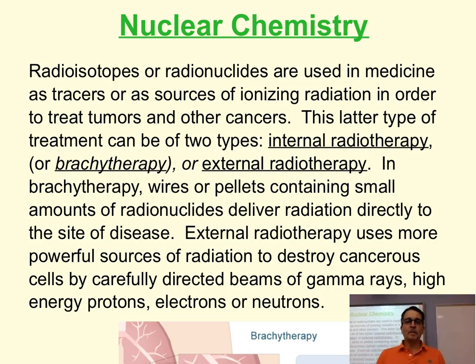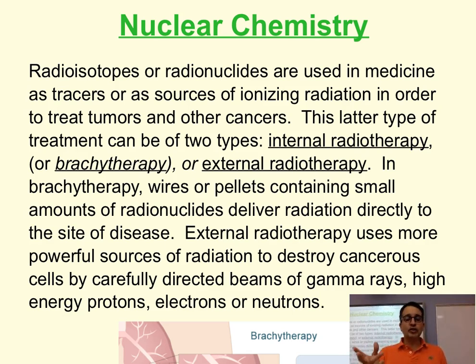So what do we use these radioisotopes for? In medicinal chemistry, we use them as one of two things: either tracers, so by following the emission, the location of the emission, and the concentration of the emission, we can see how the activity of a particular organ may be.